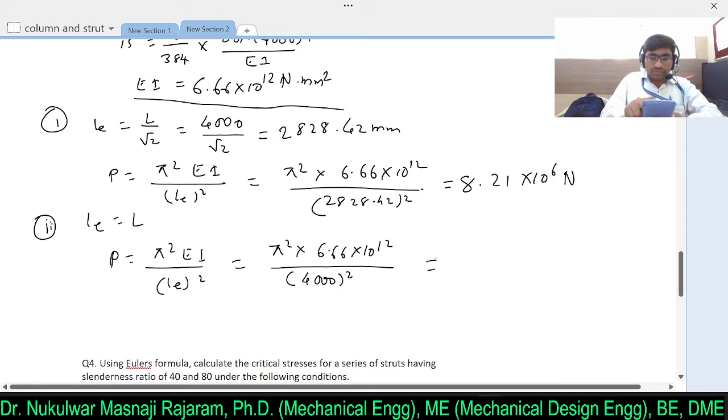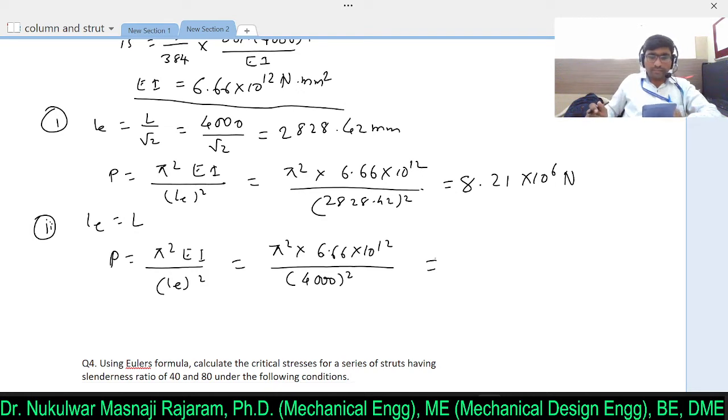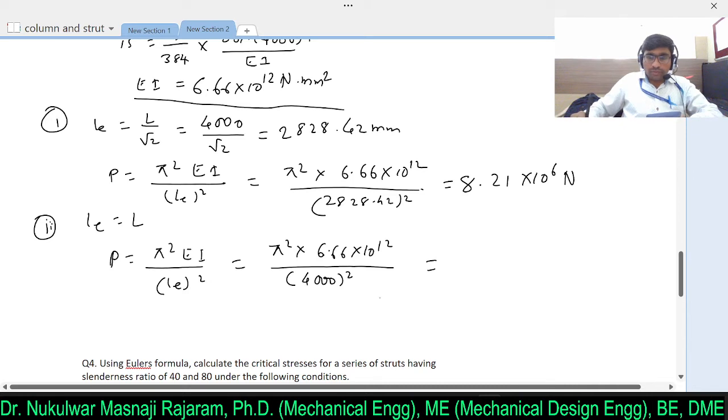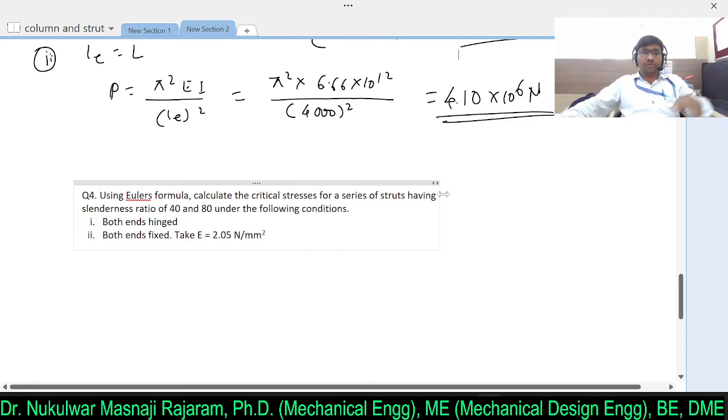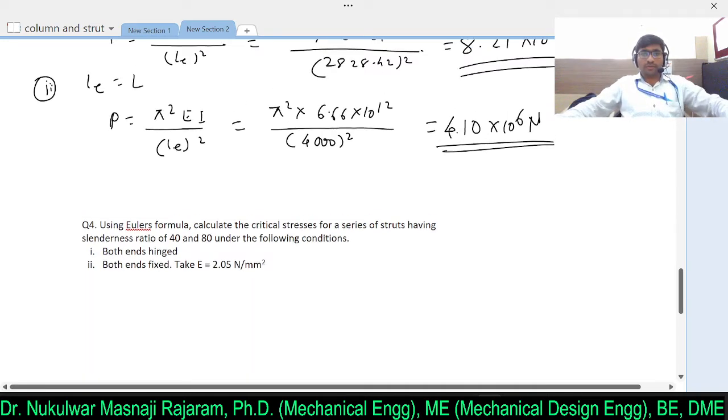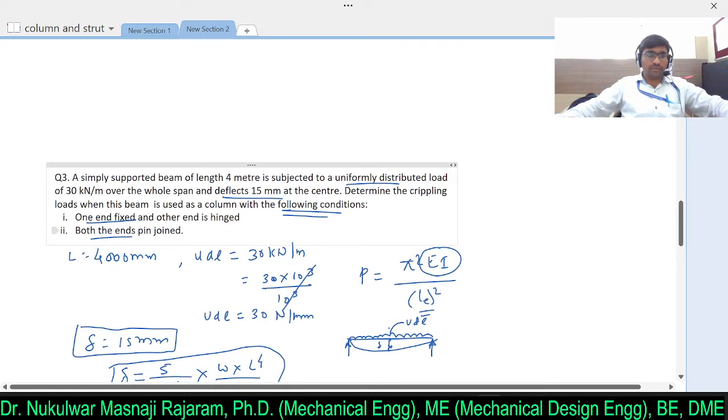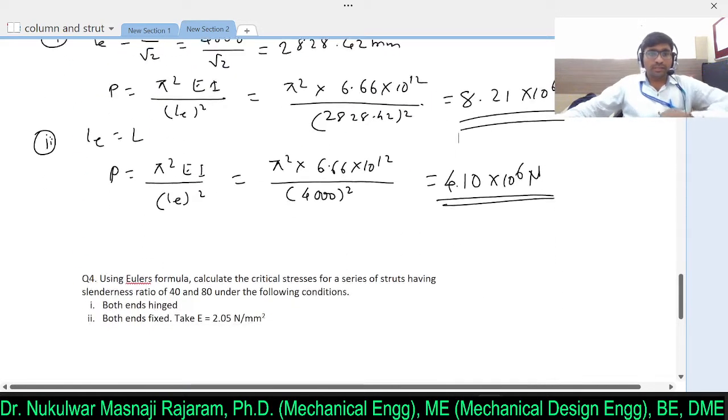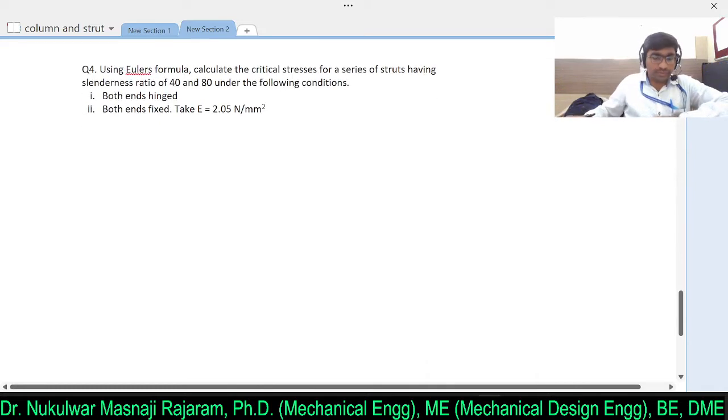Putting the value for L in the same equation, I will get 4.10 into 10 raised to 6 Newton. Clear? So this is the crippling load for the condition when both ends are pin joint. I hope you understood this numerical very well.